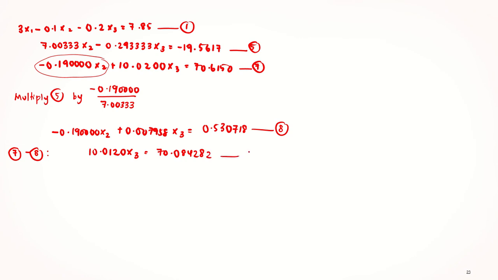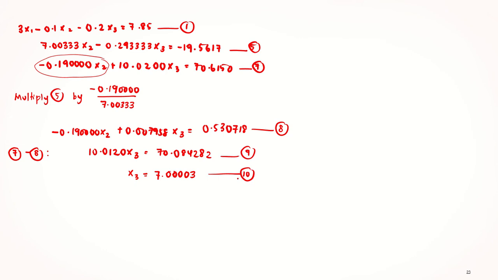So this is equation number 9. So here you can see that we can already solve for x3. x3 is actually 7.0000. So this is equation 10.